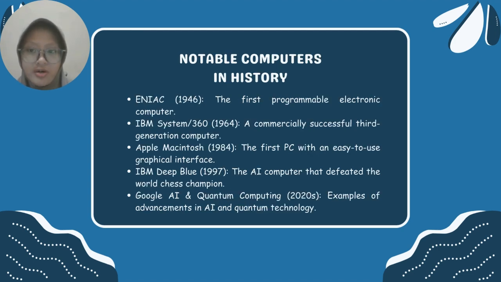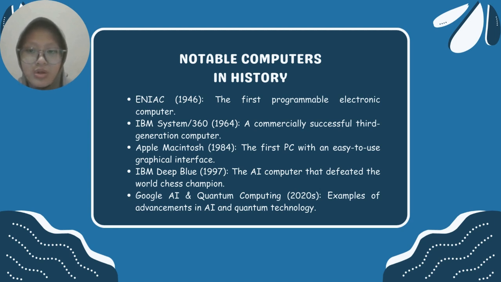Here are some notable computers in history. ENIAC, the first programmable electronic computer. IBM System 360, a successful third generation computer that changed the industry. Apple Macintosh, the first personal computer with an easy-to-use graphical interface.